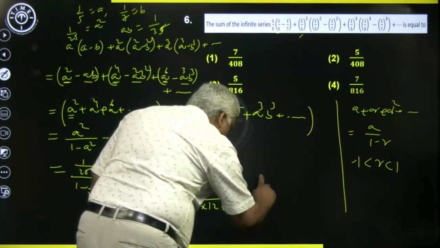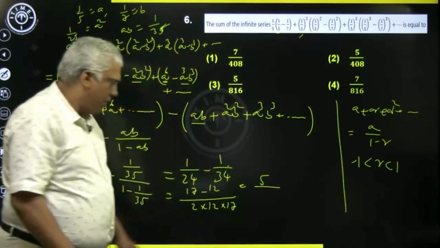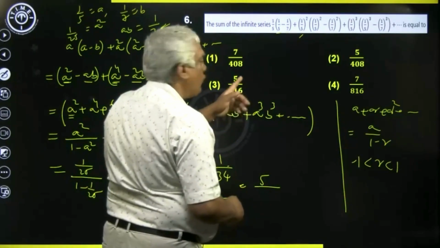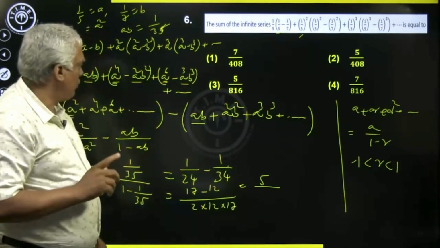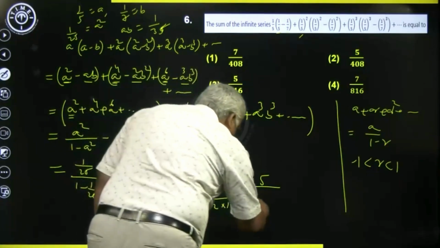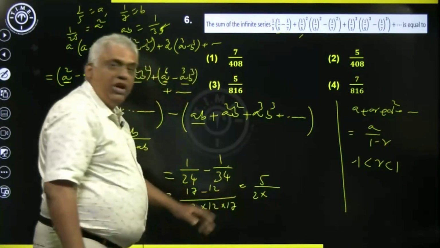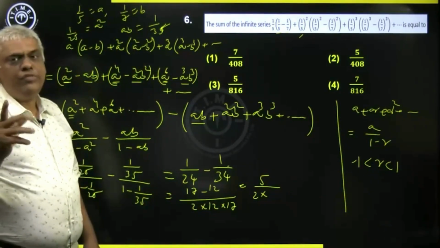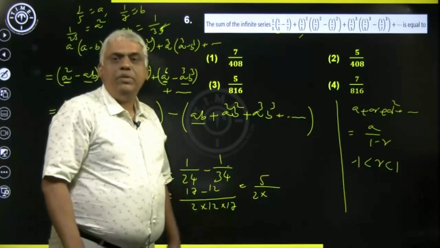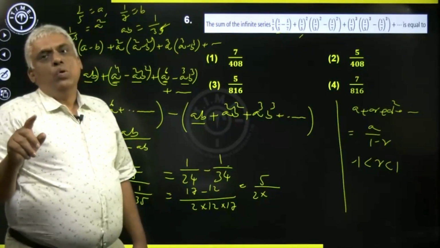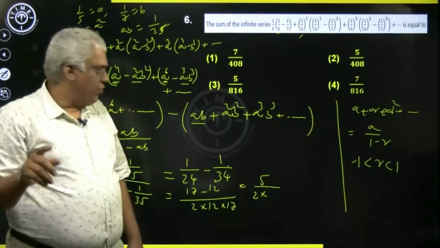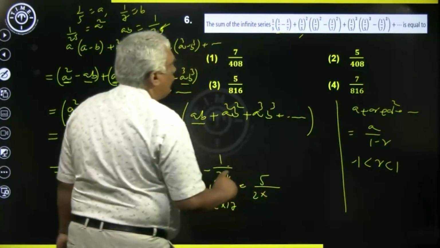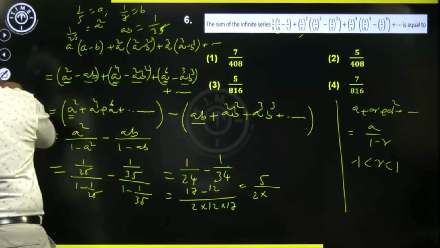So the numerator is 17 minus 12. Now the denominator is 2 into 12 into 17. 12 into 17 is 204, 204 into 2 is 408. So it will be directly 408, I can straightforwardly write.